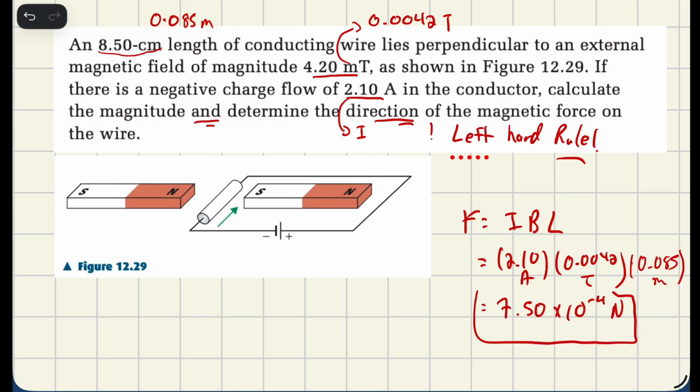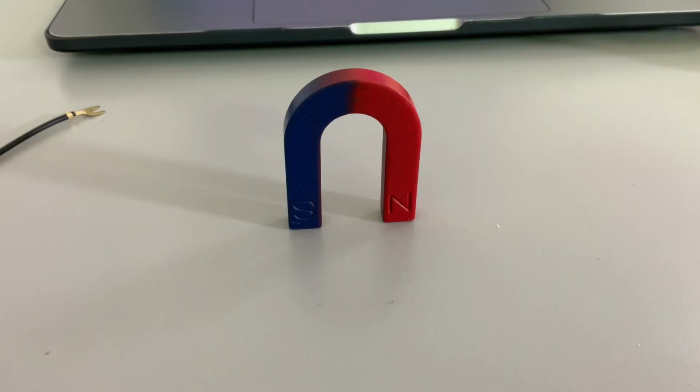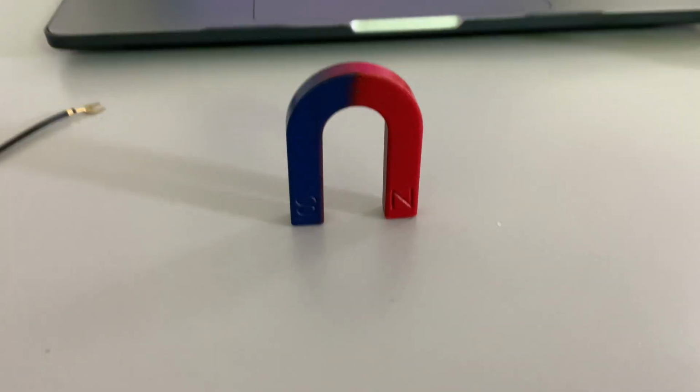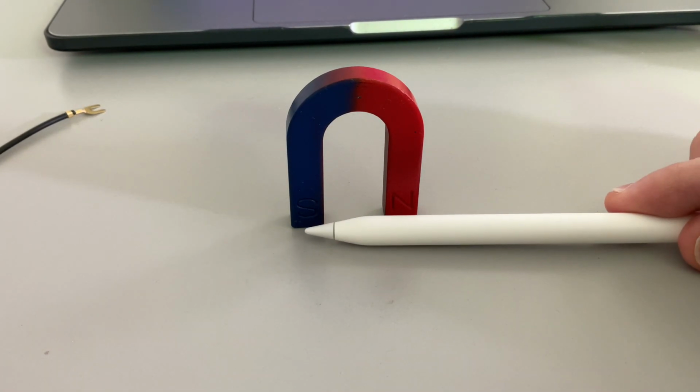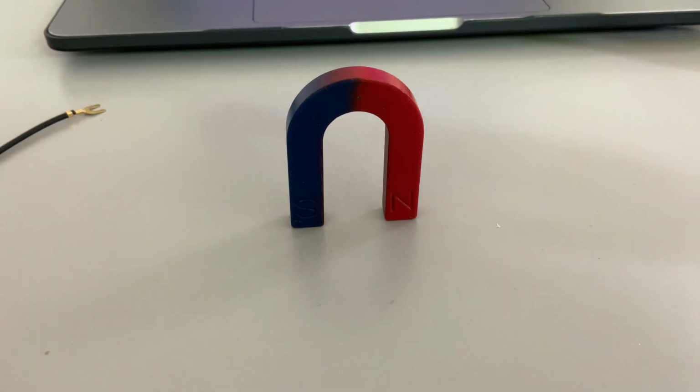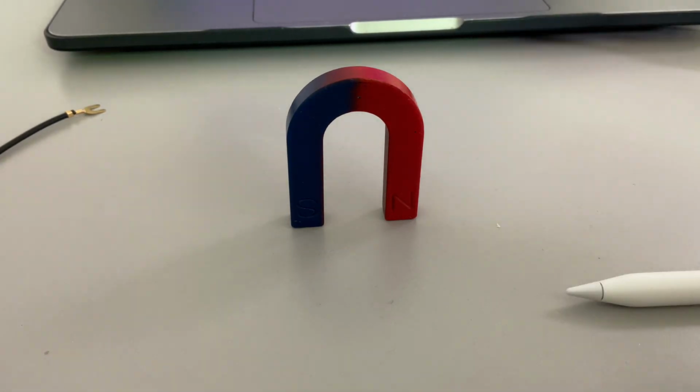Now for the direction here, I'm going to simulate this in real life so you could see how they've actually oriented the magnetic field here. How this magnetic field is oriented is really going to make the difference on how your hand ends up positioning itself. Remember that your magnetic field lines go from north to south. Now, in this case, that'd be right to left.